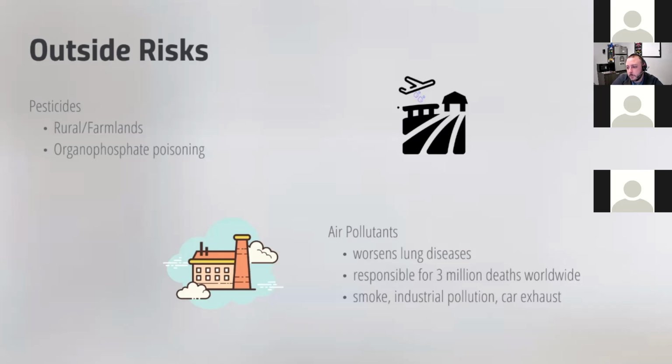And then obviously we all know about organophosphate poisonings and how that happens. People are out in the field right after they spray and they get that on their skin. Not necessarily something in the chems environment that we would run into per se, but definitely something to think about when you're thinking about pesticides.